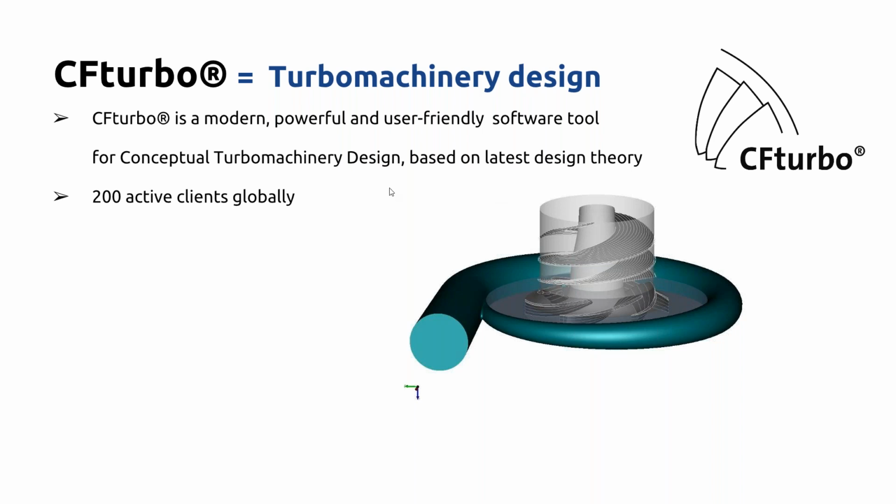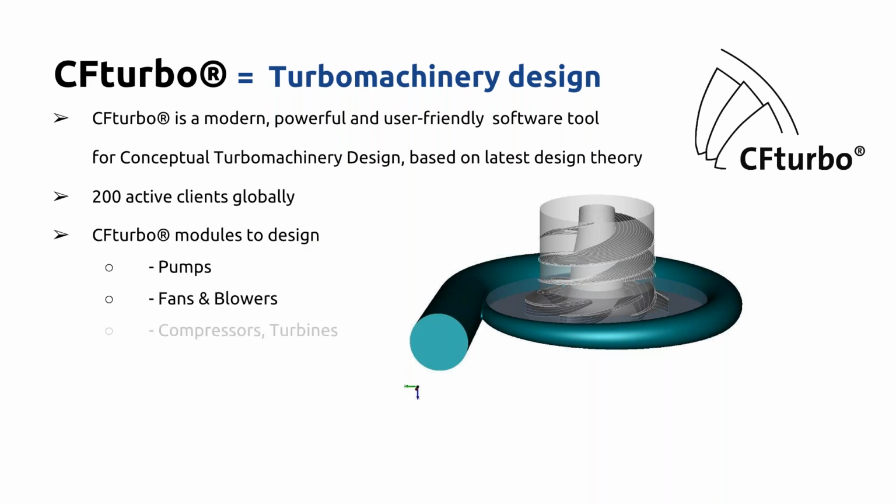Right now, we have something like 200 active clients globally. And CFturbo contains different modules for the design of, for instance, pumps, both axial as well as radial, fans and blowers, compressors and turbines. And again, those can be both axial and radial.